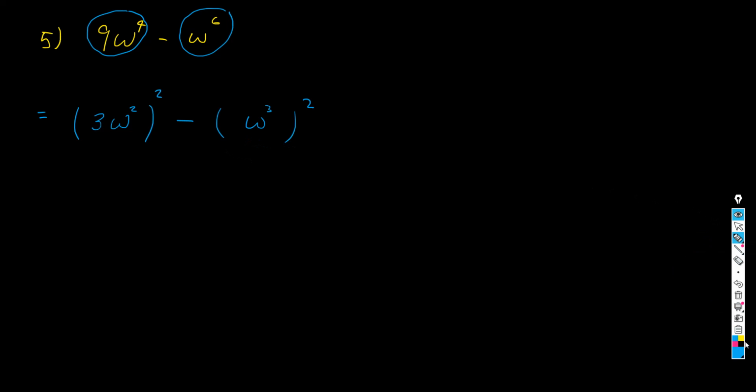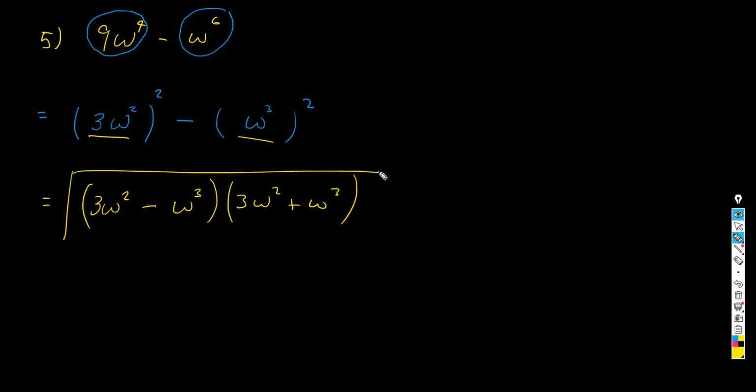Okay? And now I can write my answer as the following. What's going to be the product of conjugated binomials? It's going to be this one minus this one, and then its conjugated binomial, which is this, right? This is our final answer.